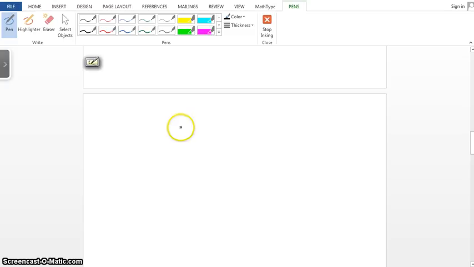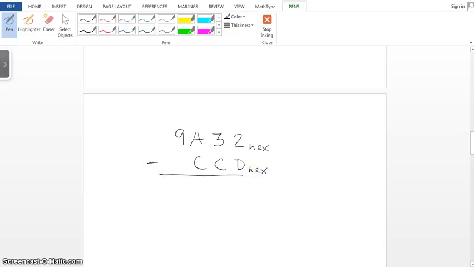Here, let's try this last one. This is a 9, a 3, and a 2. This is hexadecimal. And let's subtract a C, and a D. Operation here is subtract.